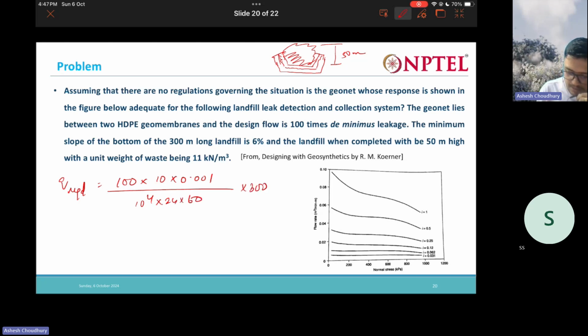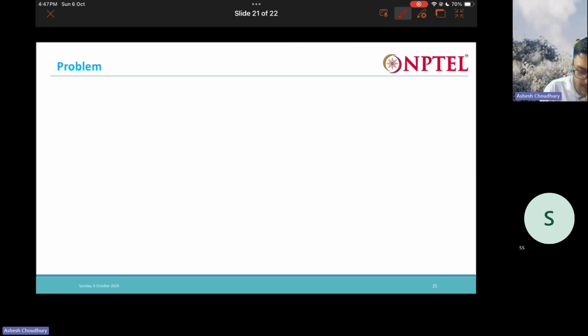300 is the length of the bottom, so we'll get 2.08 into 10 to the power something per minute per meter. Then we have vertical pressure, 550 kPa, and i is 6%, that is 0.06.